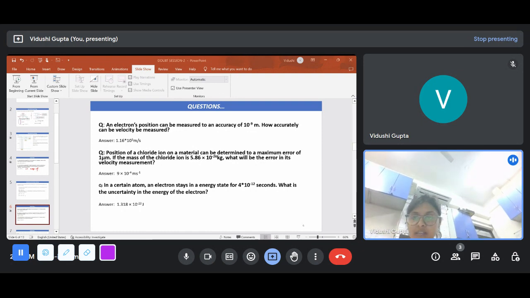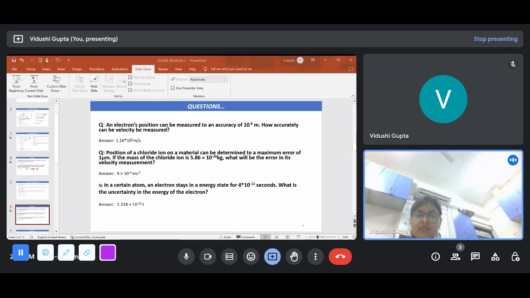So you know the Heisenberg uncertainty principle. Here you have to calculate the uncertainty in the momentum. So the formula is del x del p is equal to h upon 4 pi. So del p is equals to h upon 4 pi del x.